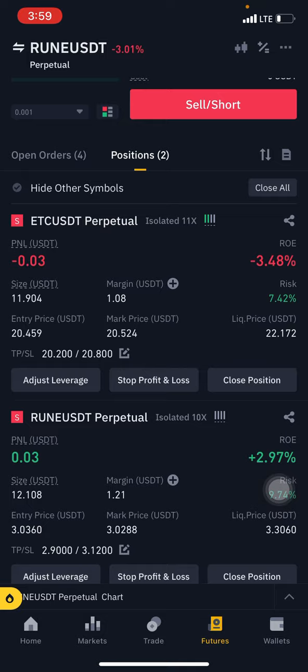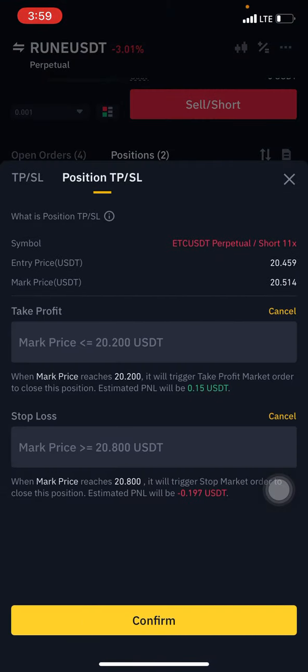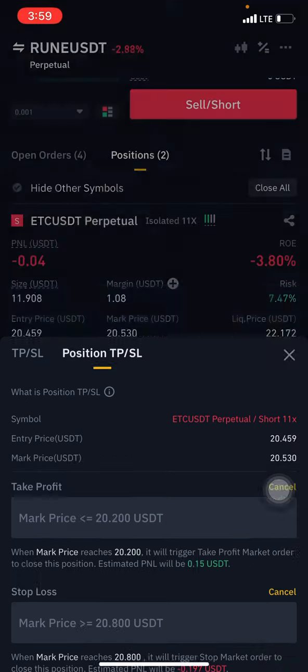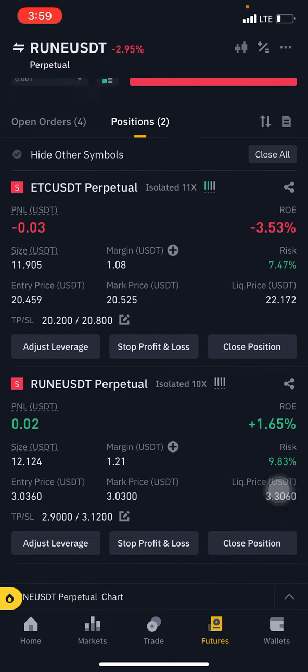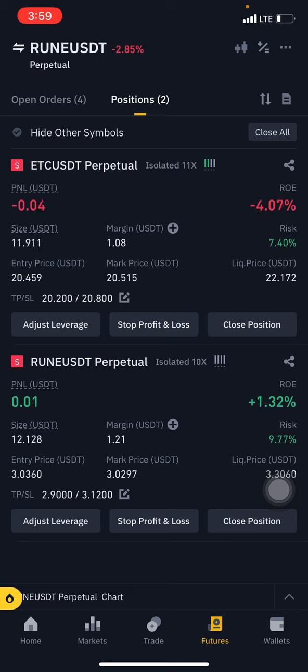What I'm going to do is click on this place, cancel, come back again, and put 20.4 as my entry. Then when the market gets there, my trade is going to automatically close, meaning that I didn't lose anything. I just ran away from the market. So, bro, that's it.